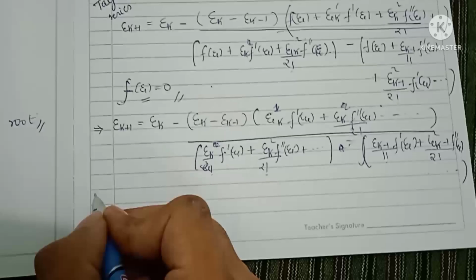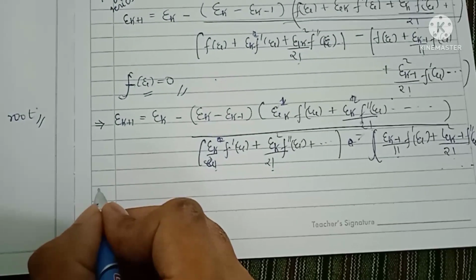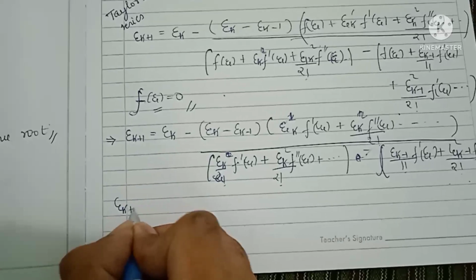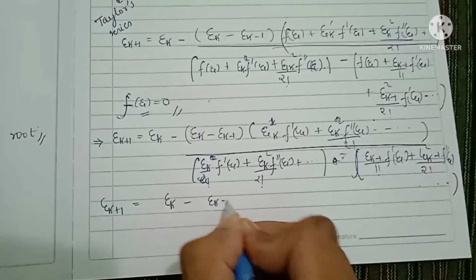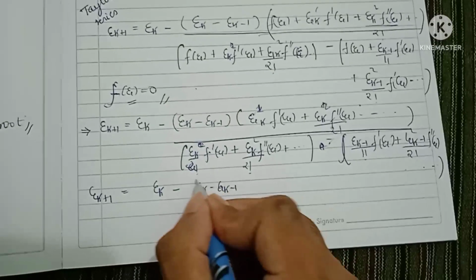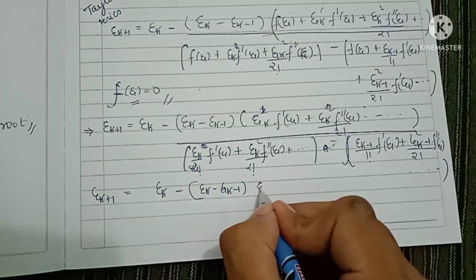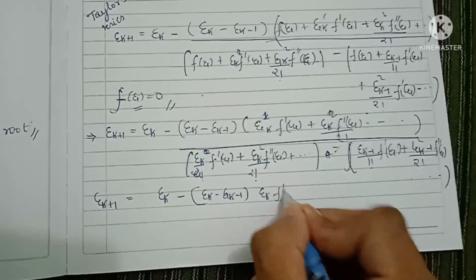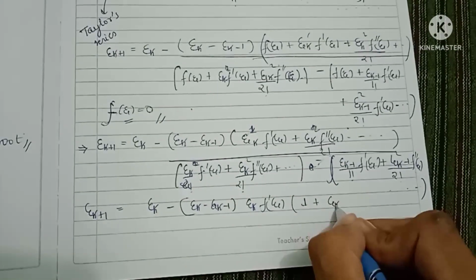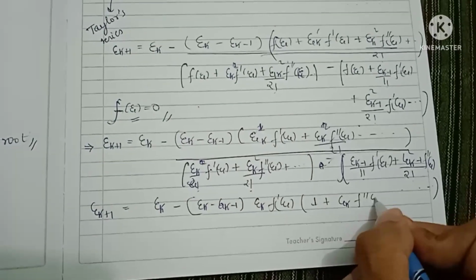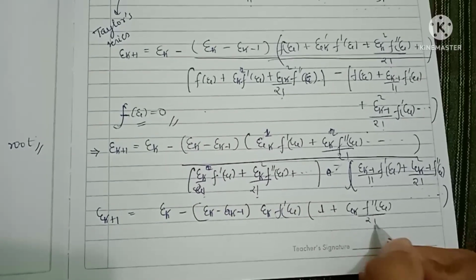Here we go. From here we would simply have e to the power k plus 1 is equal to e to the power k minus e to the power k minus e to the power k minus 1, and we will take common e to the power k f dash epsilon, 1 plus e to the power k f double dash epsilon upon 2 factorial.